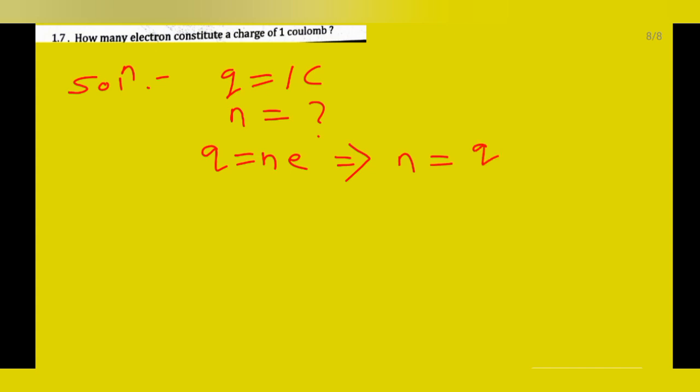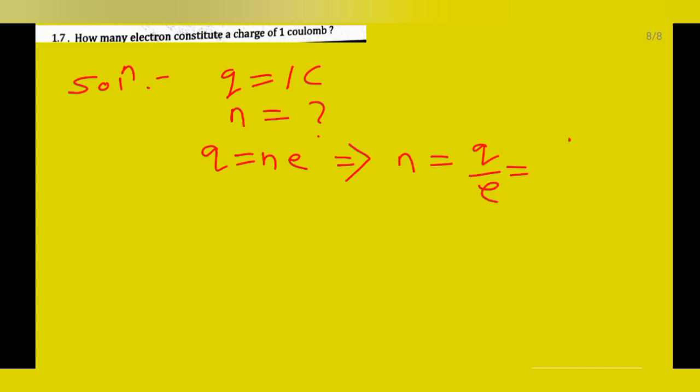The next question was: how many electrons constitute a charge of 1 coulomb? The charge is given as 1 coulomb. In the question it was asking how many electrons will be present in a charge of 1 coulomb. We know the formula Q equal to Ne. Simply here we get N equal to Q by e.